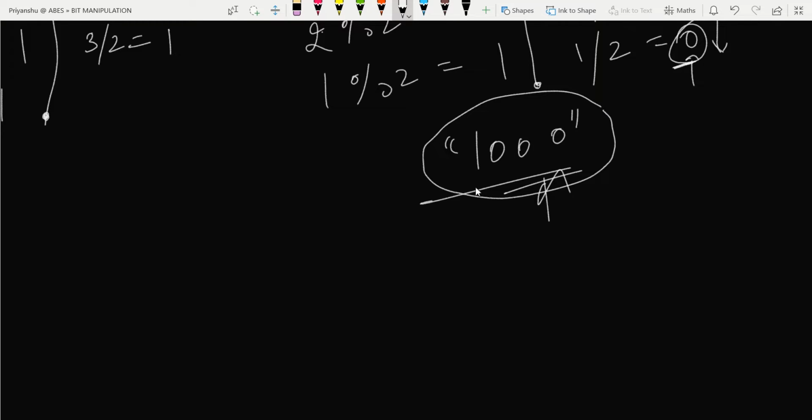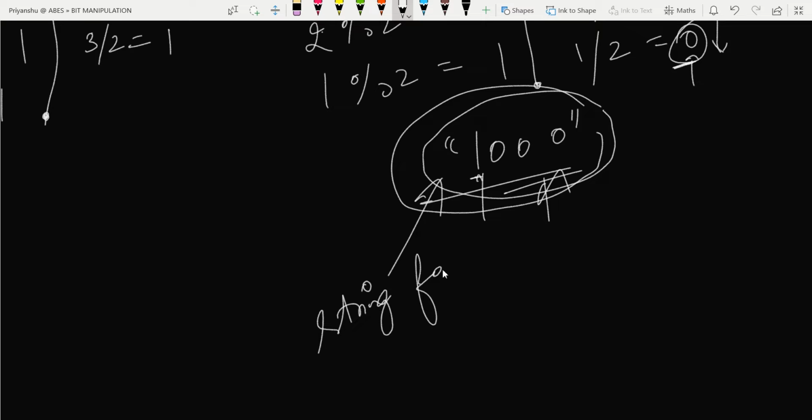Now we have to find the number of set bits, so we can easily iterate over this binary representation that would be in a string format. We'll take a temporary string to store this binary representation and iterate over it and find the number of set bits or ones bits. So in this process, how much time complexity do we require?